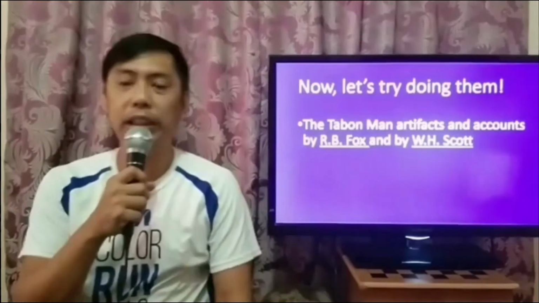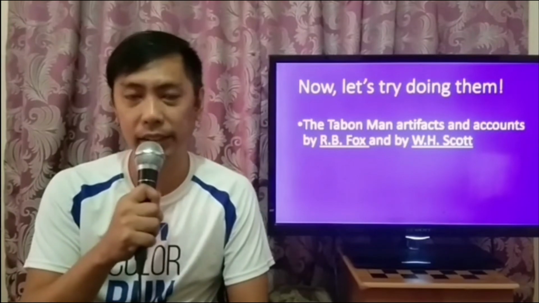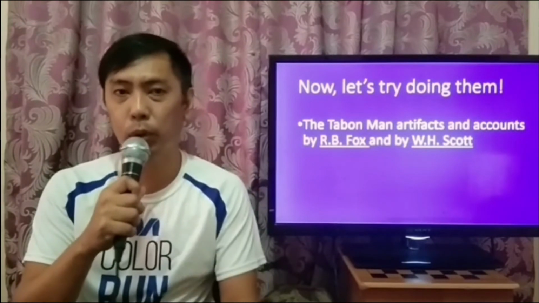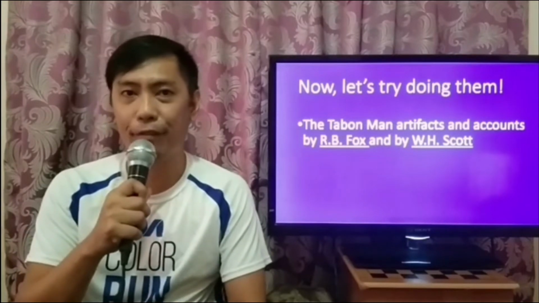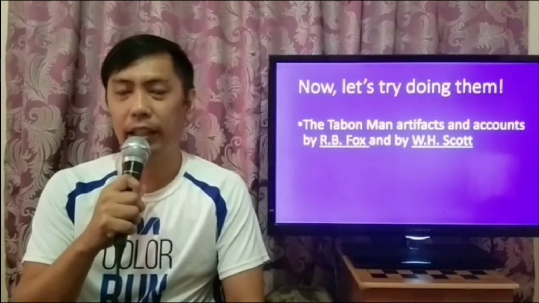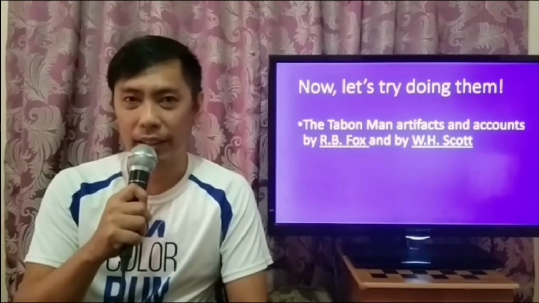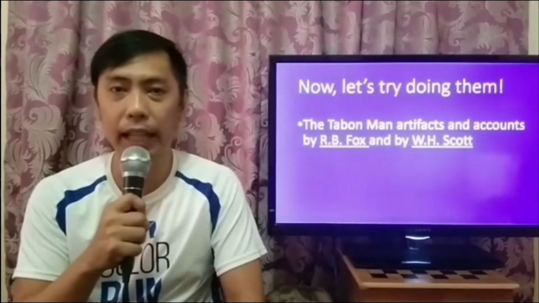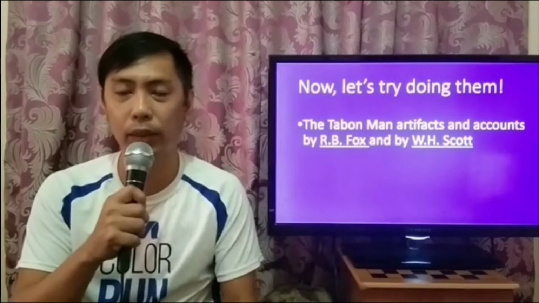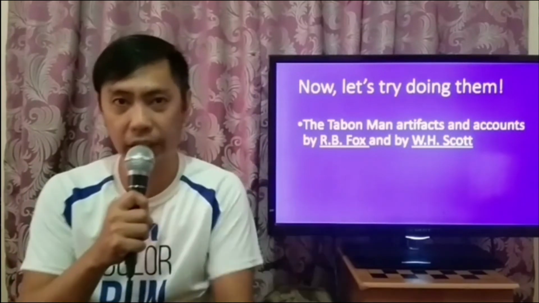I posted on Blackboard under content, okay, module 1, you can see there a PDF file, and the PDF file is about the Tabon Man, okay, and that PDF file is actually a combination of two sources.